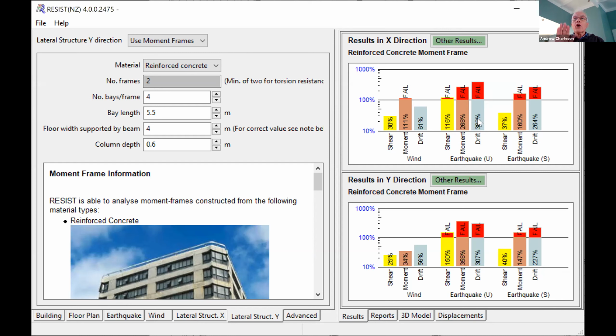The drift, that means the flexibility of the building. The drift means how much the building sways during an earthquake. That is 380% of what the code allows. So my building is far too flexible.